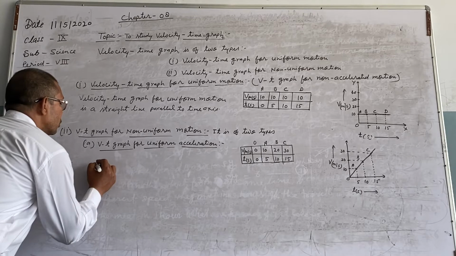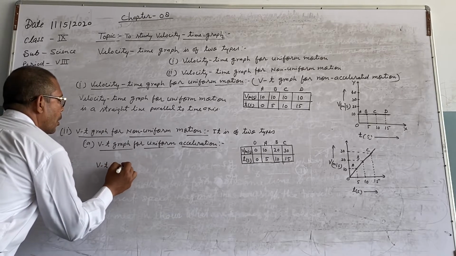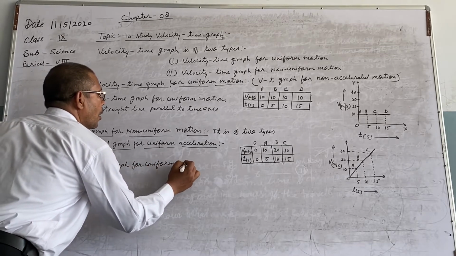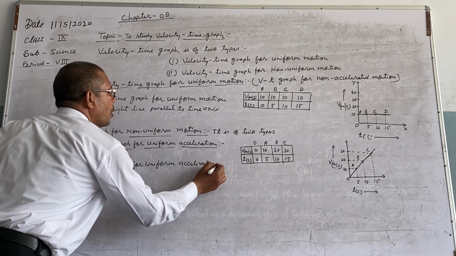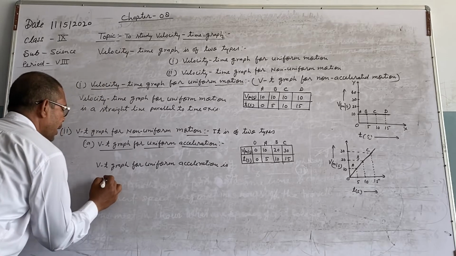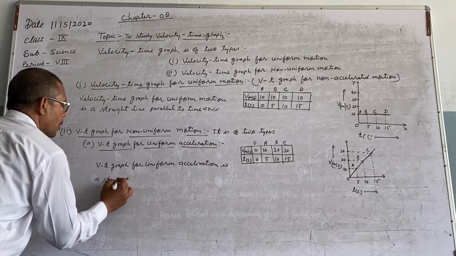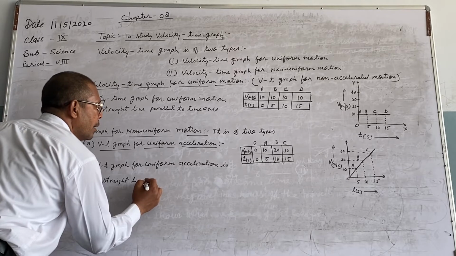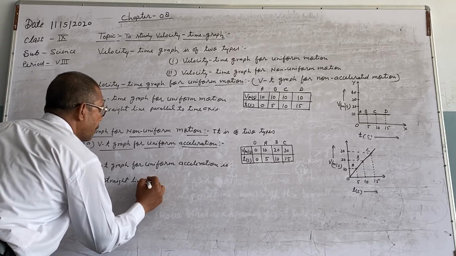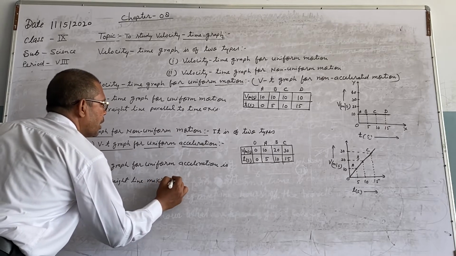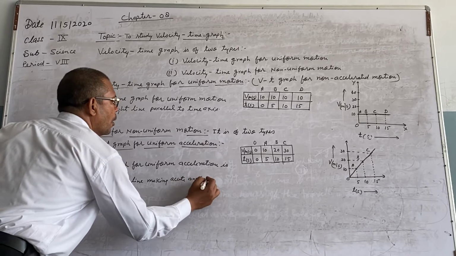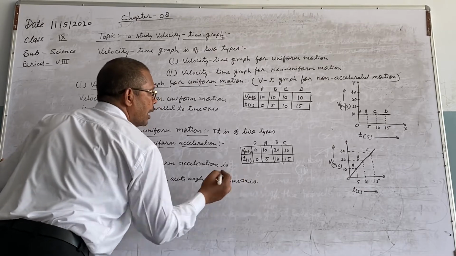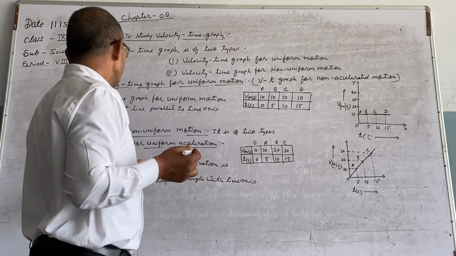So velocity time graph for uniform acceleration is a straight line making acute angle with time axis, right? So this is velocity time graph for uniform acceleration.